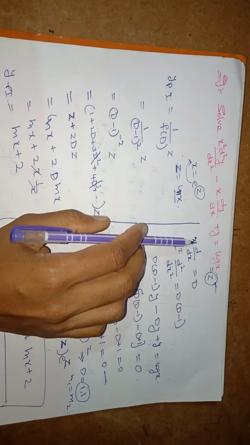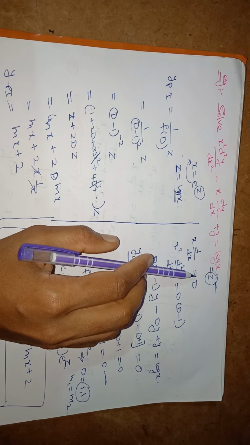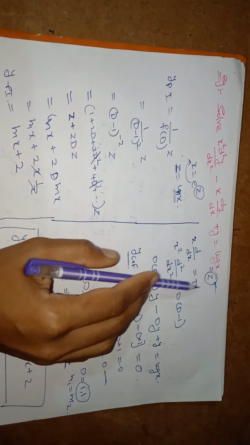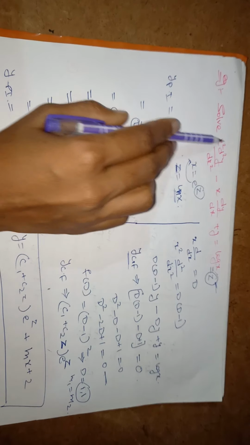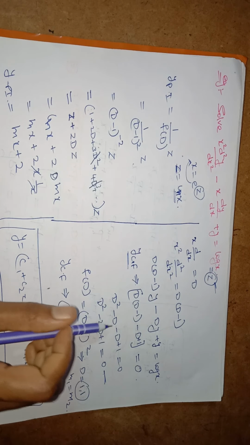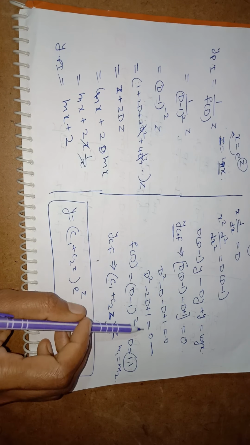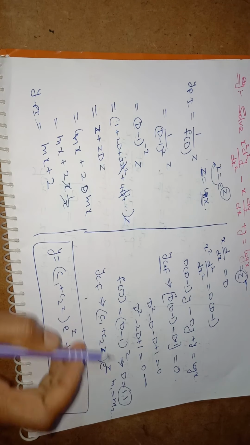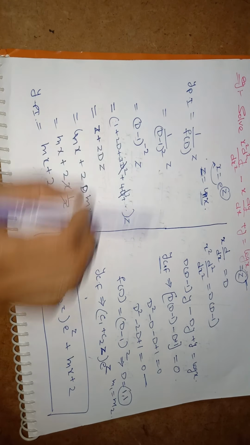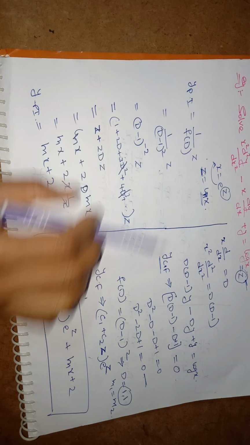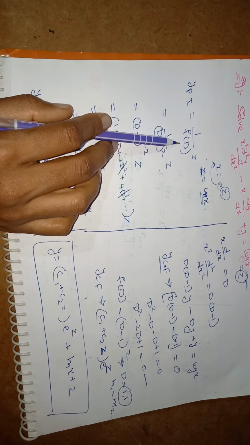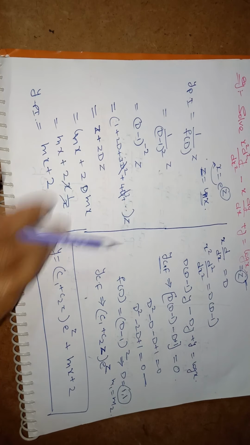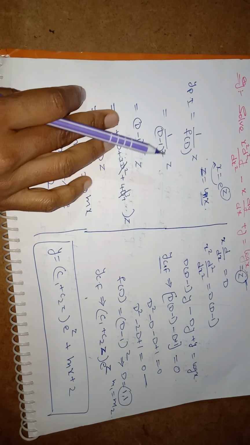First of all, you have to replace x into d by dx with D, and x square into d square y by dx square with D into D minus 1, so that we will have an auxiliary equation of this form. Now you just substitute here this f of D. Don't get confused: here I did the complementary function, and here I did the particular integral.